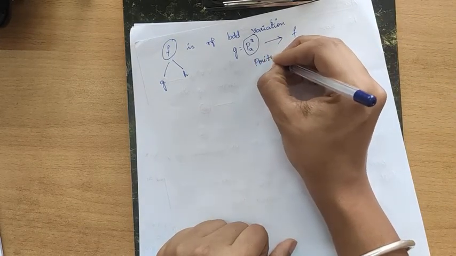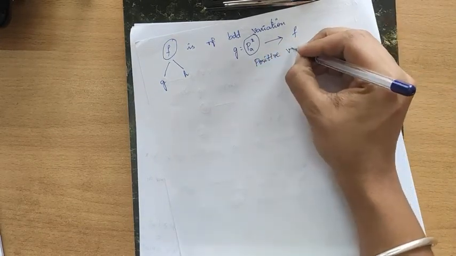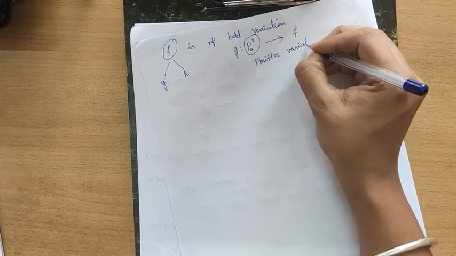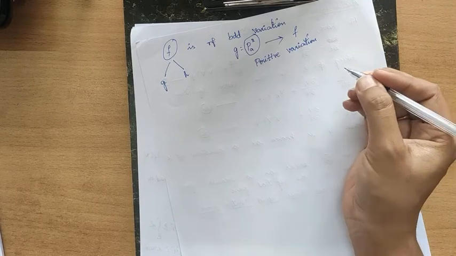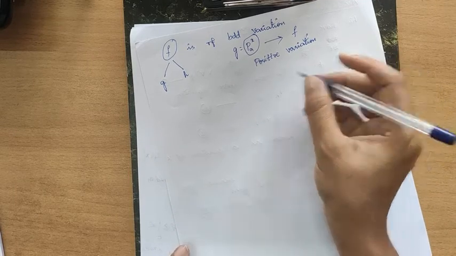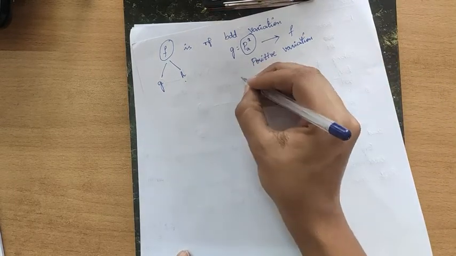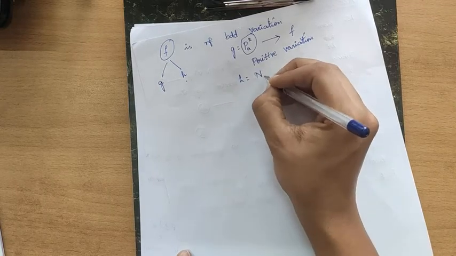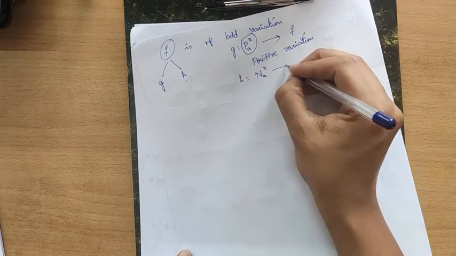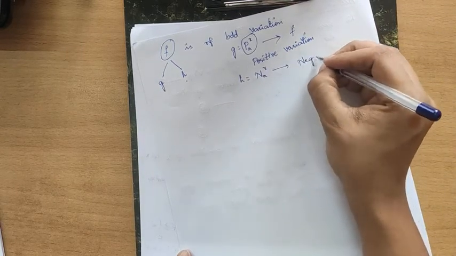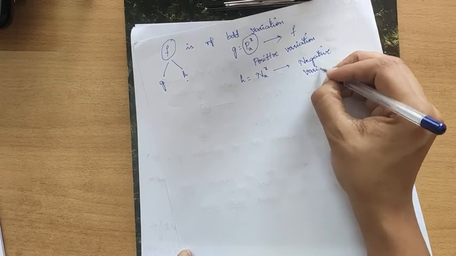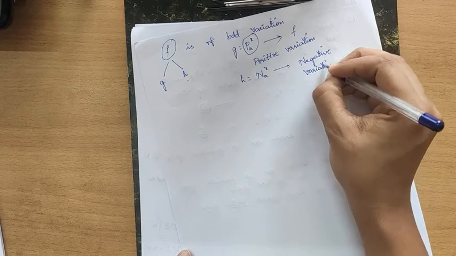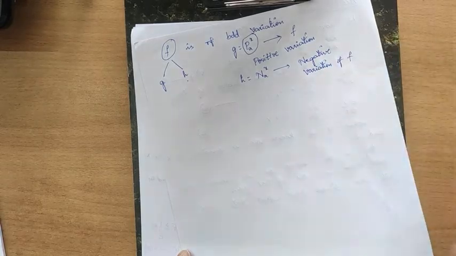Positive variation of f. So similarly, your f should have a negative variation also, correct? The negative variation is h is equal to N a to x. This is the negative variation of your function f.